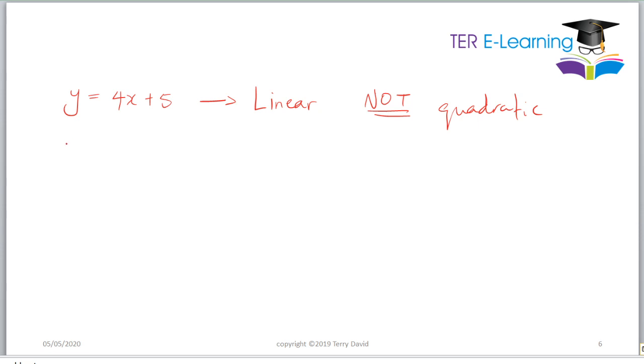If I have something like y equal to 2x squared plus 5x minus, let's say, 1, what type of equation is this? Is this linear or is it quadratic?